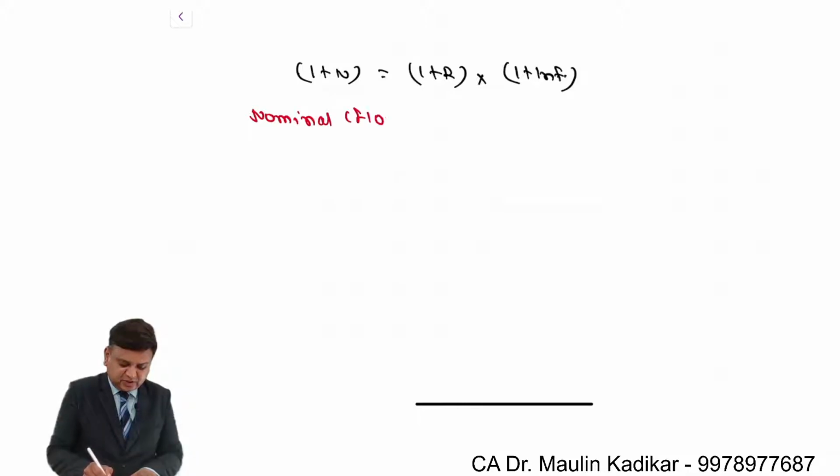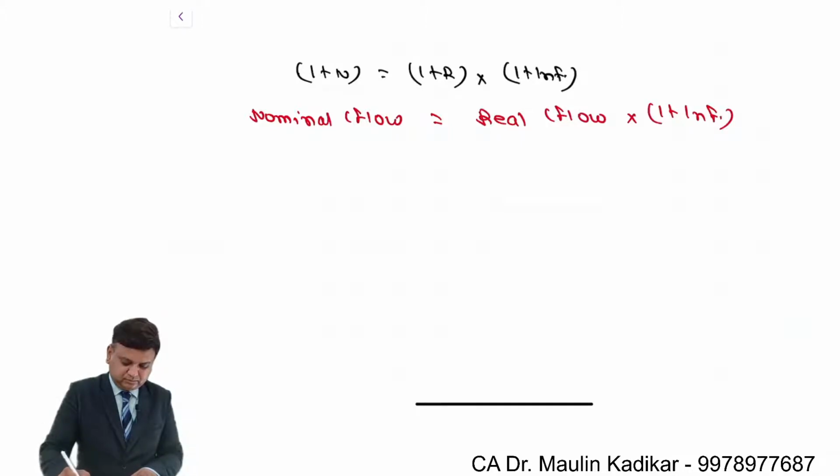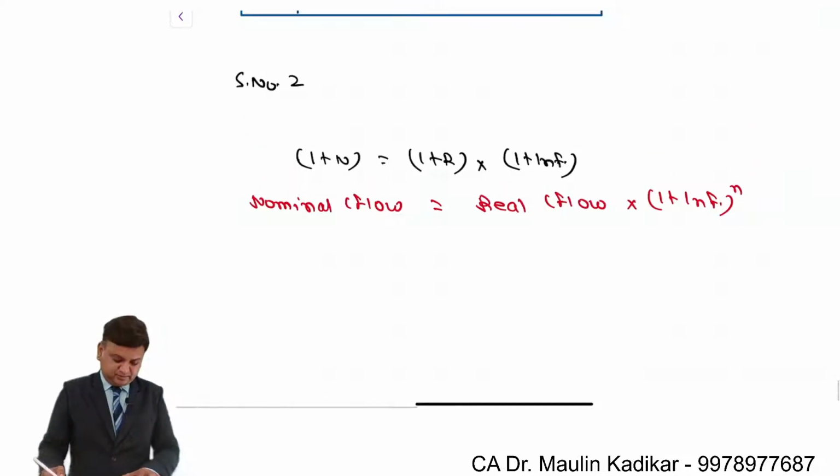So we understand that the nominal cash flow is equal to real cash flow, friends, into 1 plus inflation raised to n. That is the way it will be converted into nominal term.